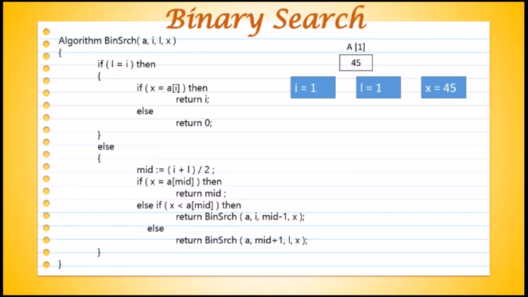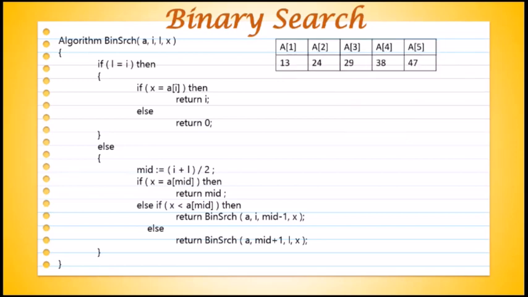So here we found the element in the list and it is in the first position. So we are returning 1 to the function.